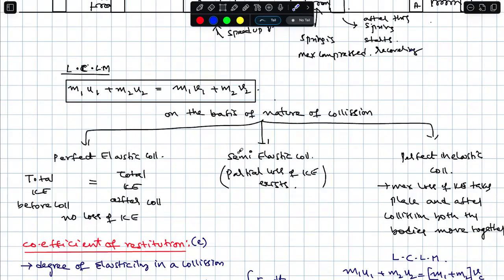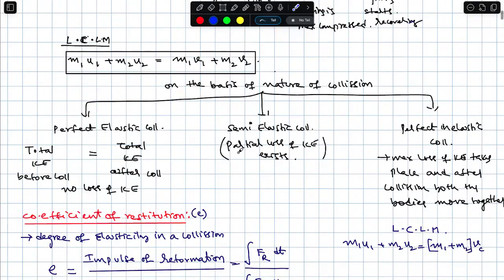Now, on the basis of the nature of the collision, one is a perfectly elastic collision, the other is a perfectly inelastic collision. In a perfectly elastic collision, total kinetic energy before collision is the same as total kinetic energy after collision, and there is no loss of kinetic energy.